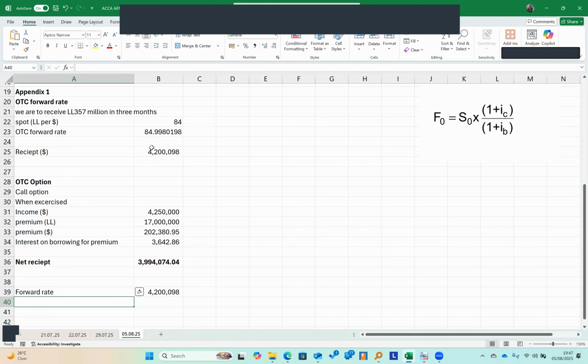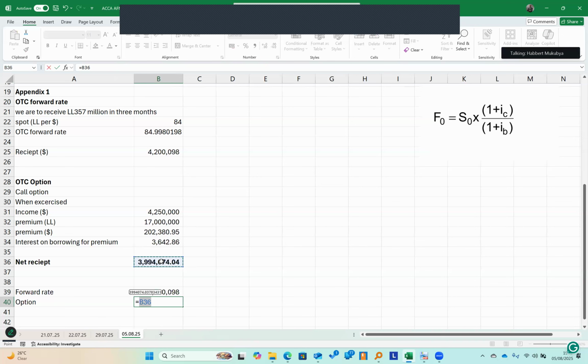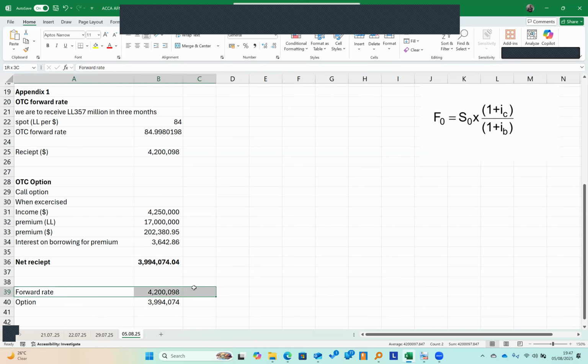If we are using the option, we receive 3.9, which means that you would choose the forward rate on a strictly monetary basis. Of course, we are going to see that there are other things that you consider.